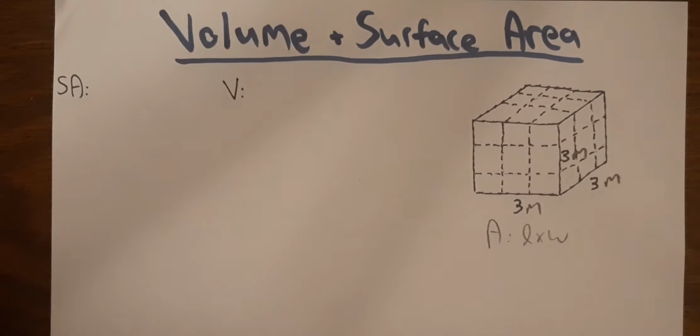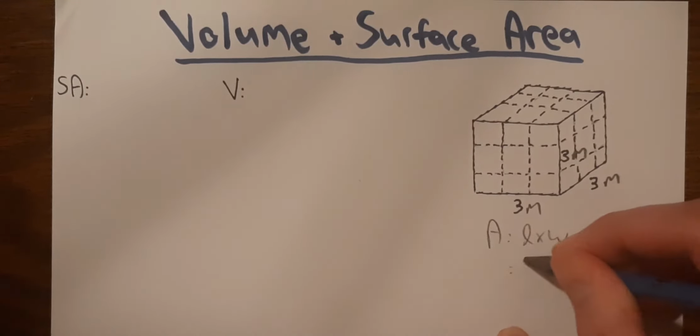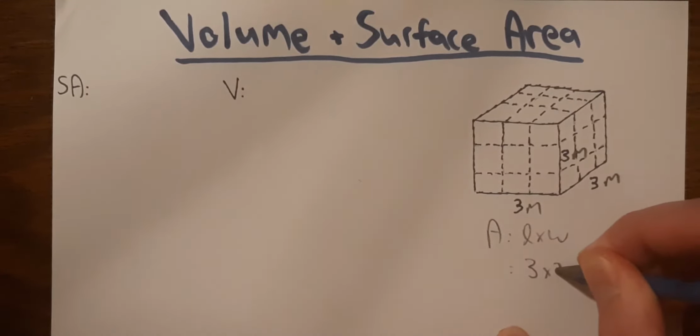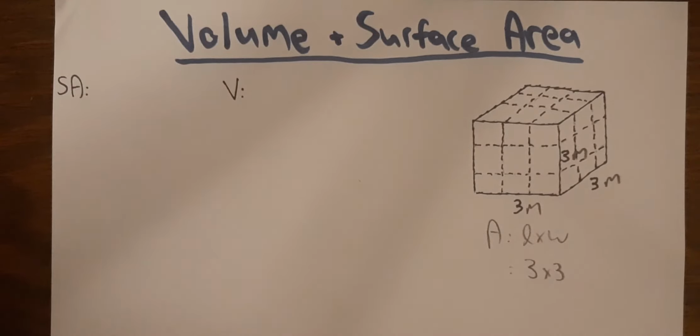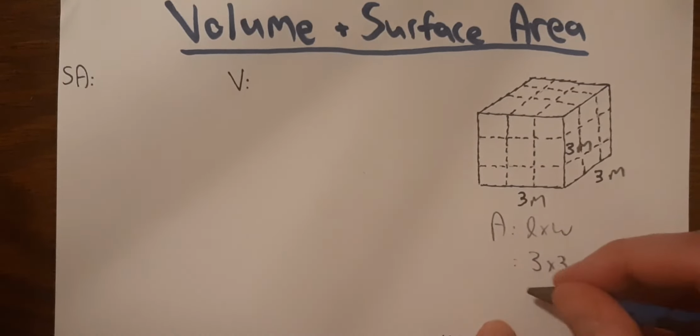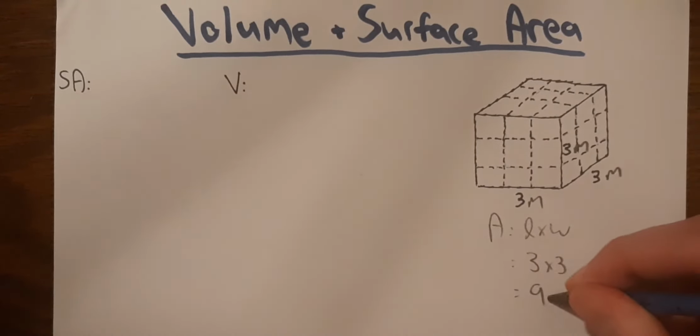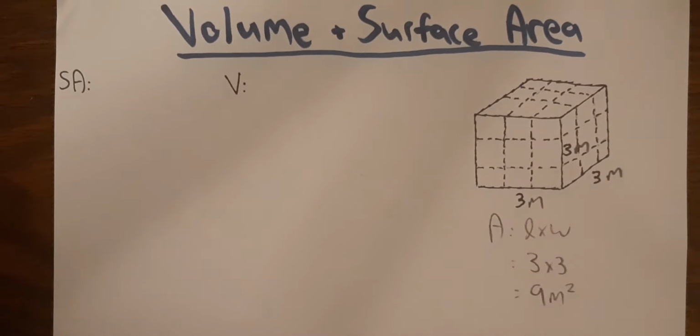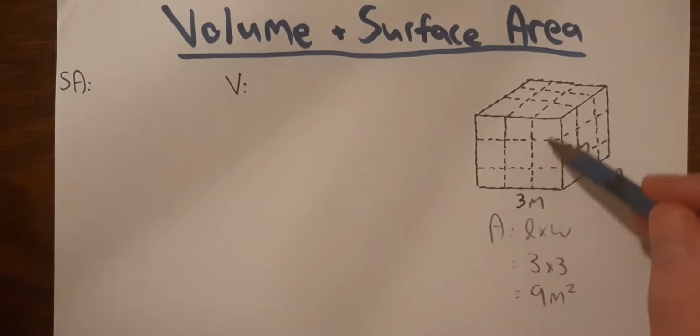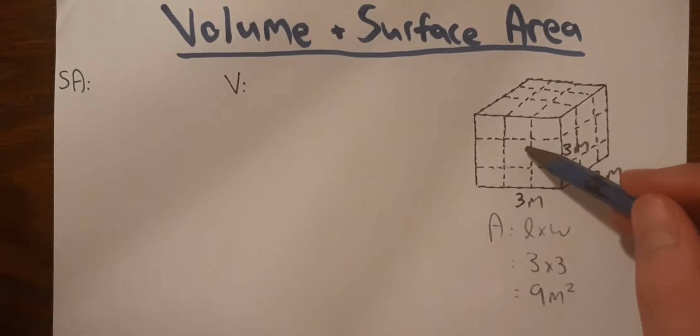The height is 3. So the area will be 3 times 3. Well, what's 3 times 3? That gives us 9. Okay. Now again, remember your units for area would be 9 meters squared. So we know that the area of this right here is 9 meters squared.